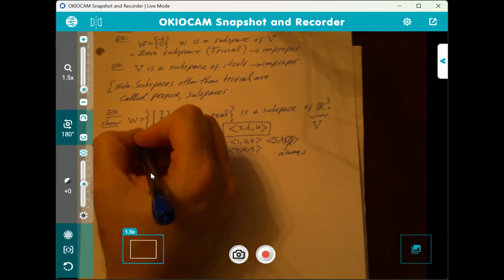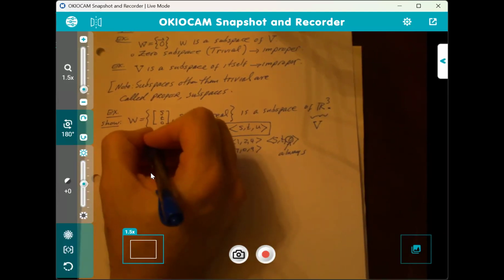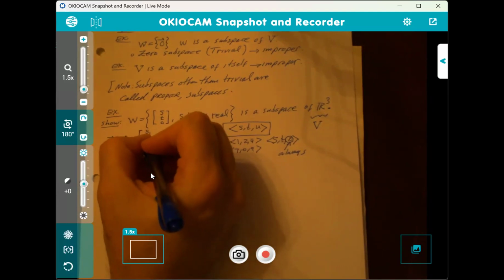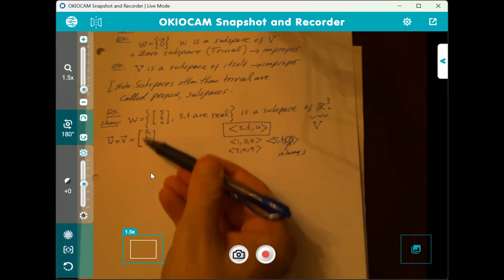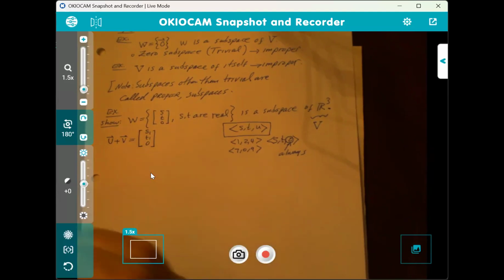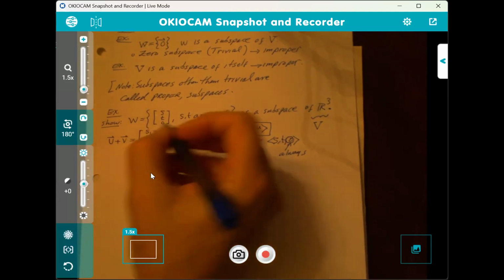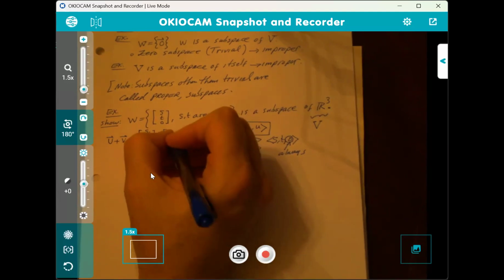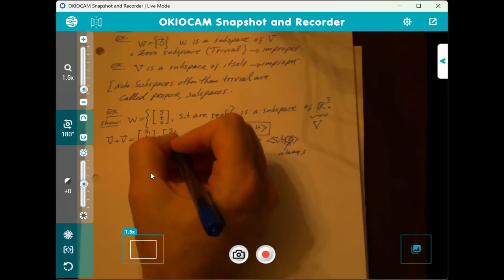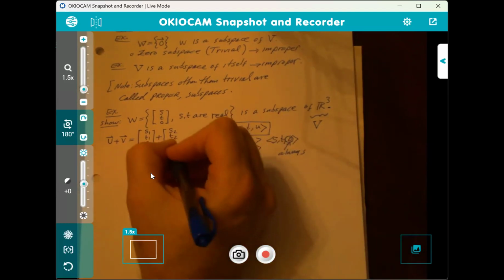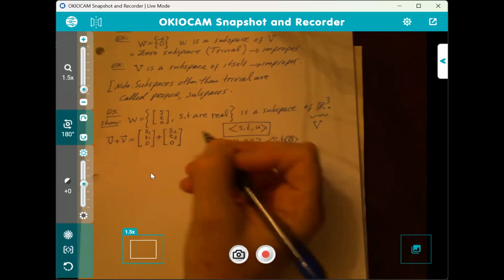So isn't U going to be in this form, S1, T1, 0? Remember, my vector looks like this. That's my U. Vector V is going to have its own first component, its own second component, S2, T2, and the third component must be 0.